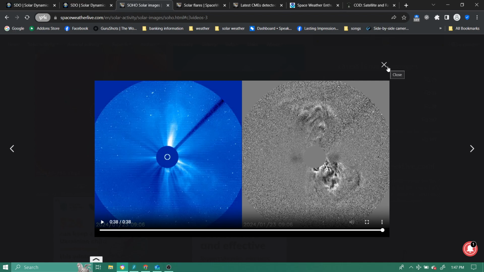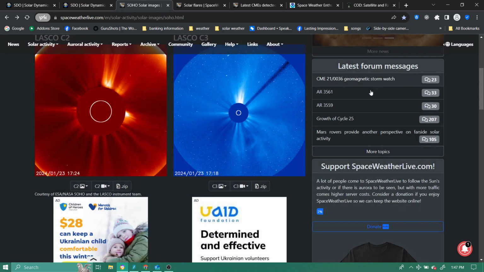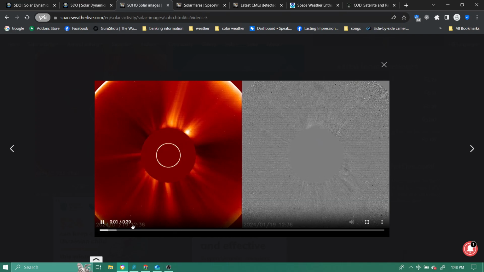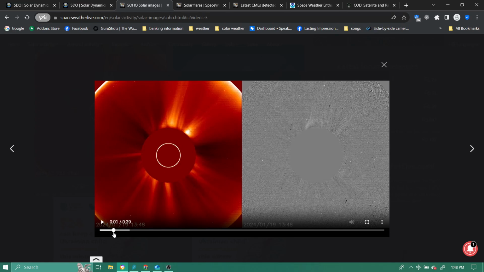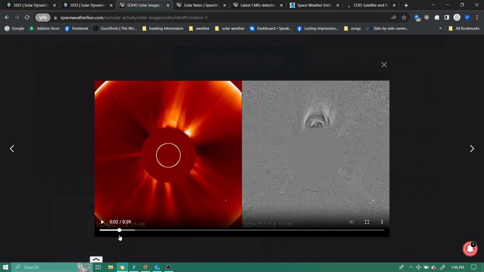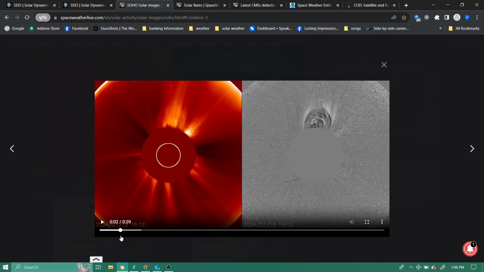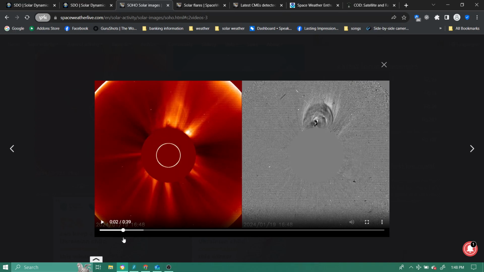So am I right? I think, yes, we are going to see activity out of this. I think he's wrong. I think we are going to get hit. Let's confirm. Am I right? So we're going to go here. I'm going to go super slow. Okay, here's our first big CME. It's moving directly up north.